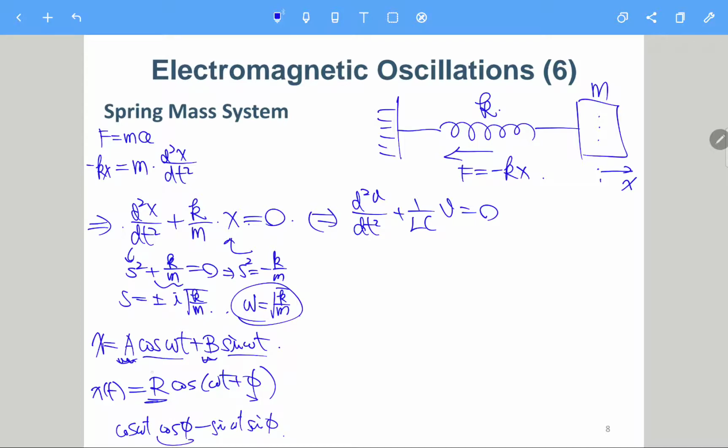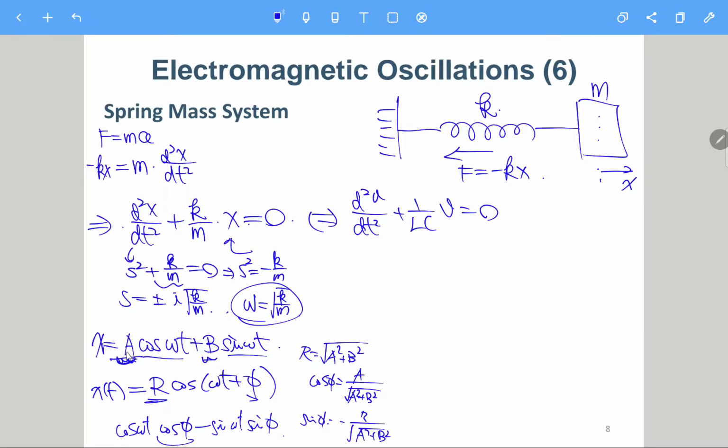You let R be the square root of A squared plus B squared, make R cosine phi equal to A, and R sine phi equal to minus B. Then you can rewrite it as this equivalent expression.